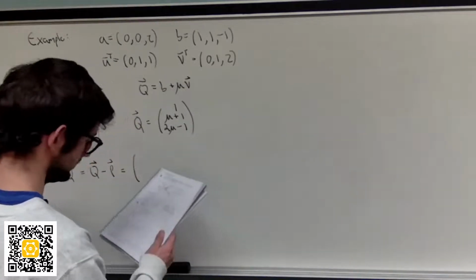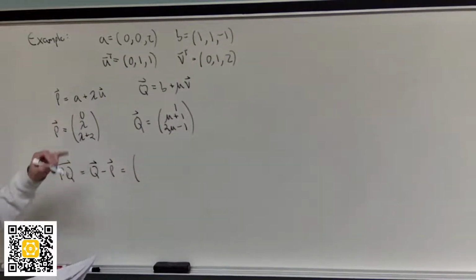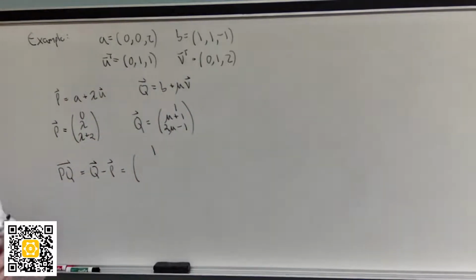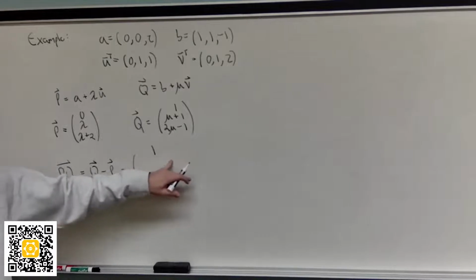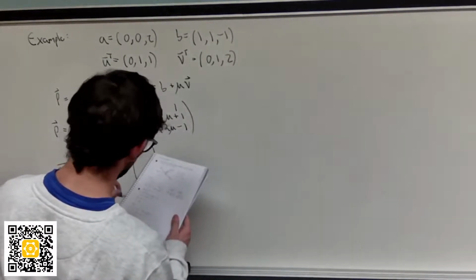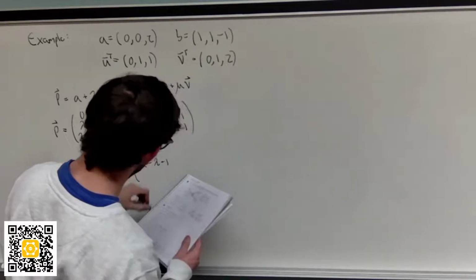Second one, 1 minus 0 is 1. Okay, give me the second element then. That should be mu plus 1 minus lambda. I'm going to write it as mu minus lambda plus 1.